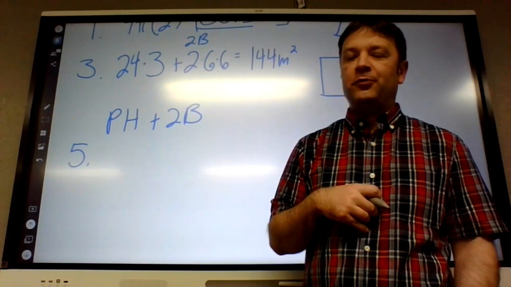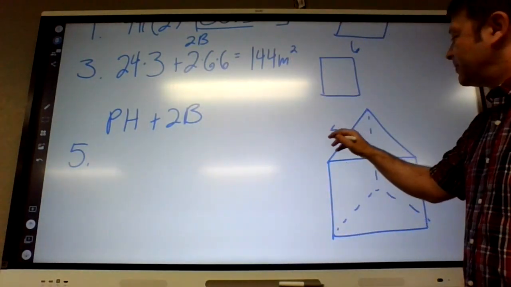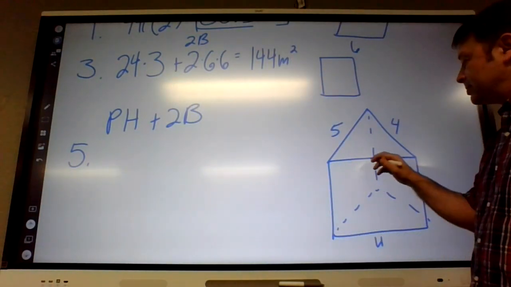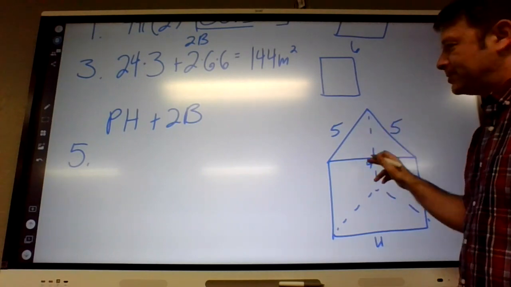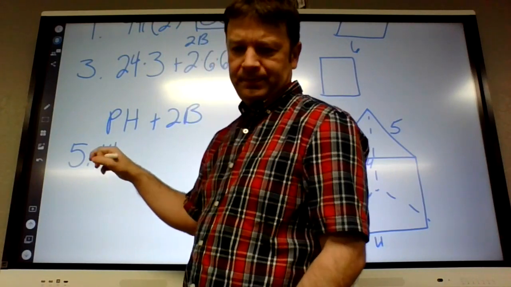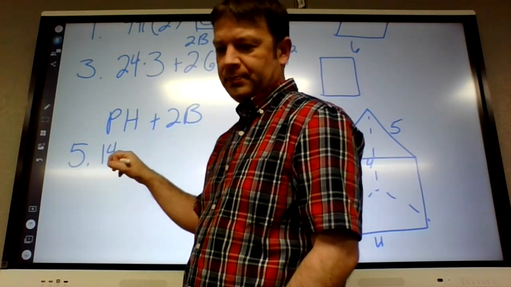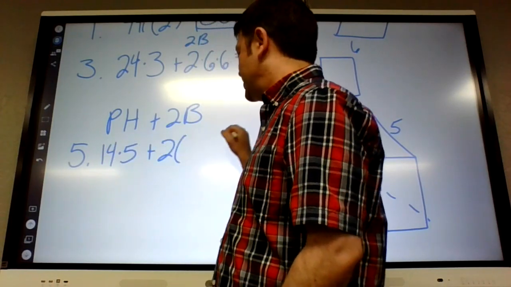If you look at the picture, it's got a 5 and a 5 and a 4. So what's 5 plus 5 plus 4? That's 14. What's the height of the prism? 5. Okay, 2 base areas.